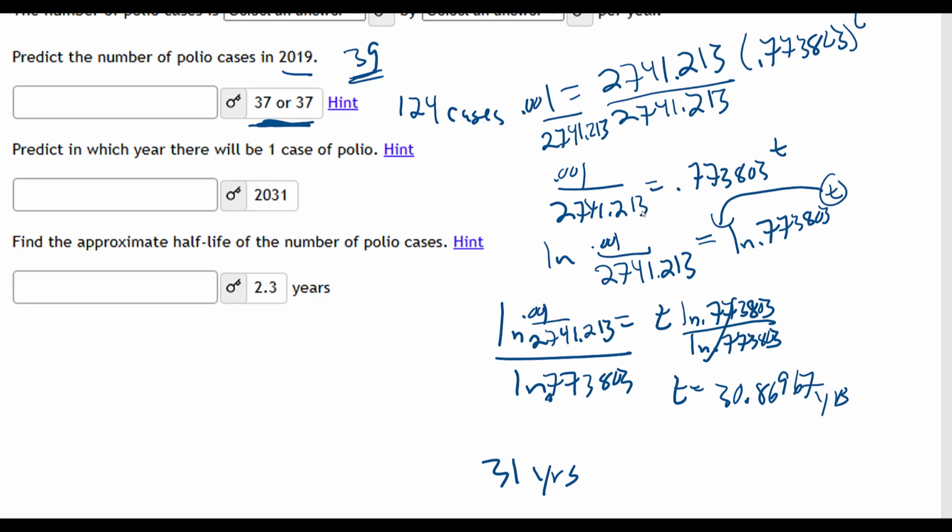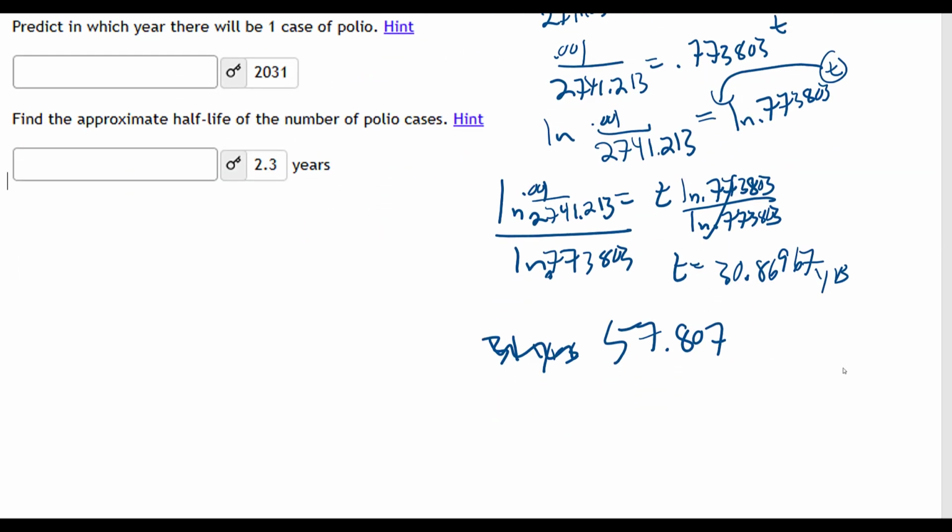Okay, and so I need to actually adjust my calculation, which is easy enough in the calculator to recall that last value. I'm going to go ahead and do second insert 0.00. Now, oh, there we go. It's going to be 57.807. So we could just say 59 years or 58 years.